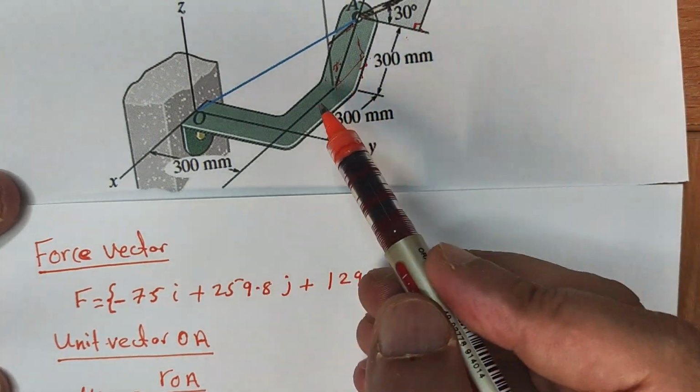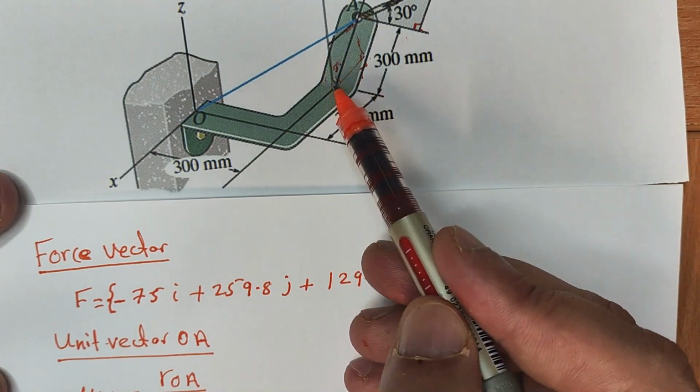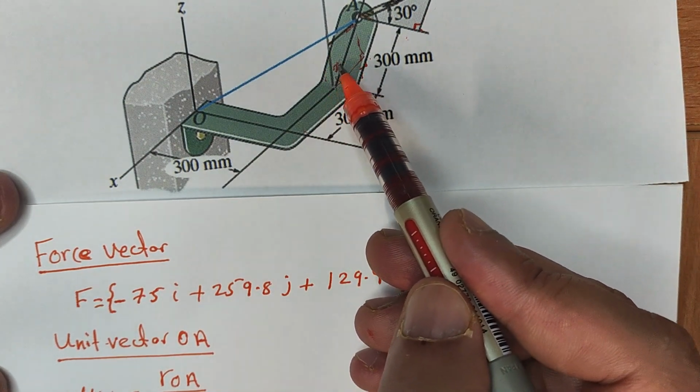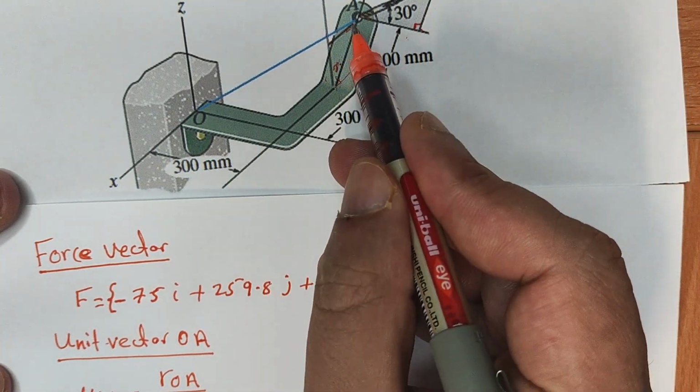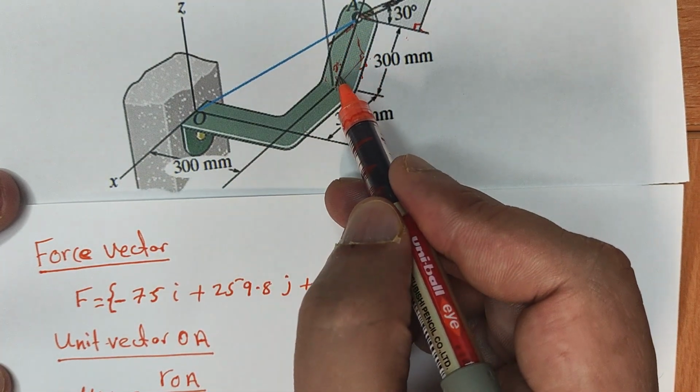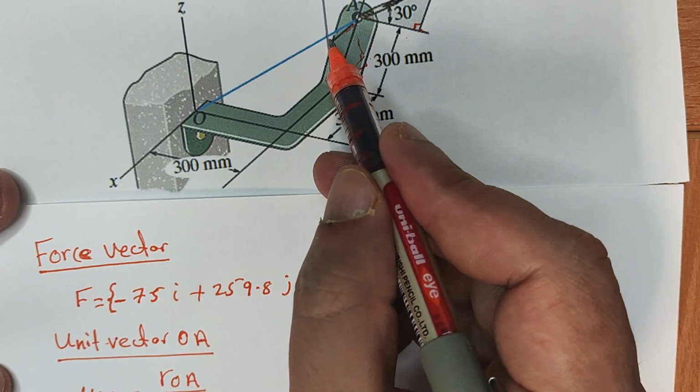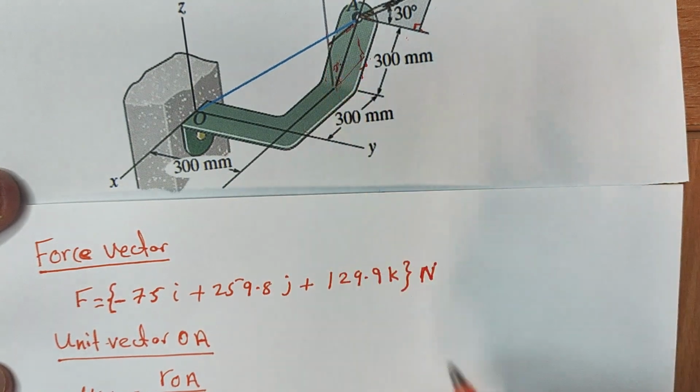Plus for the z axis, it will be 0.3, the hypotenuse of this triangle, cos 30.